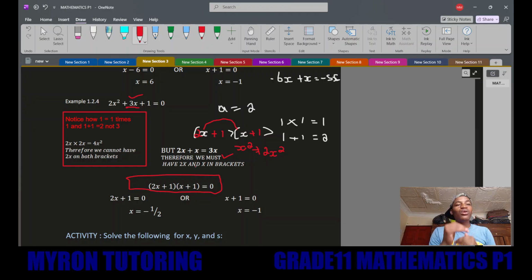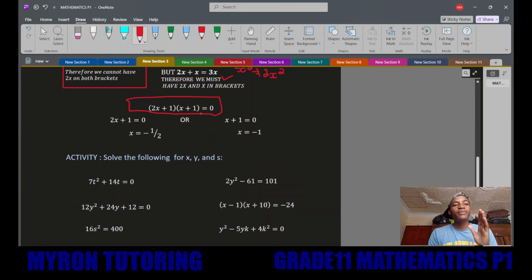So only one x must have a 2 nearby. And we can factorize it now to 2x plus 1 and x plus 1. And when we try to find the x value respectively, we get negative 1 over 2 and negative 1.